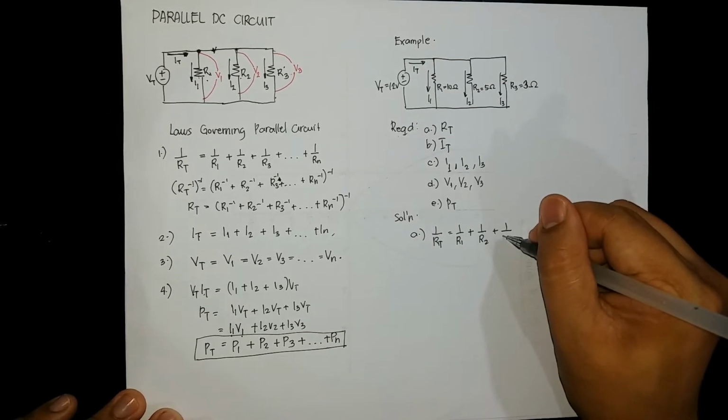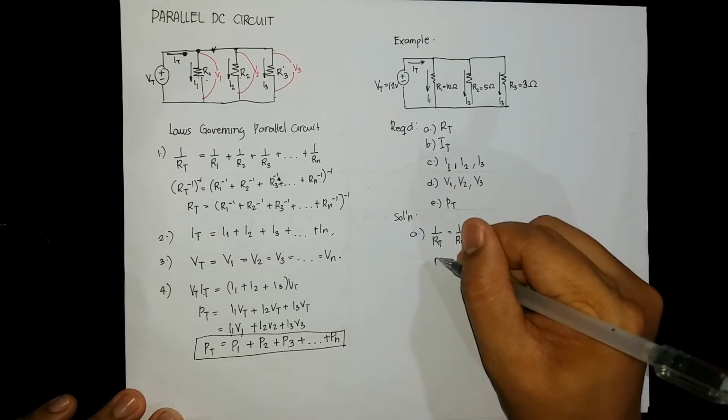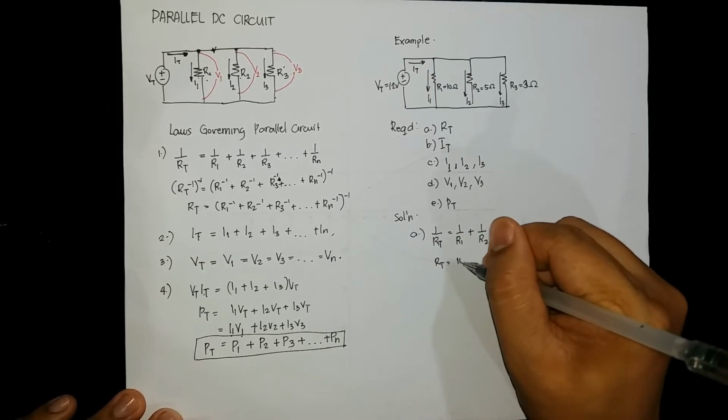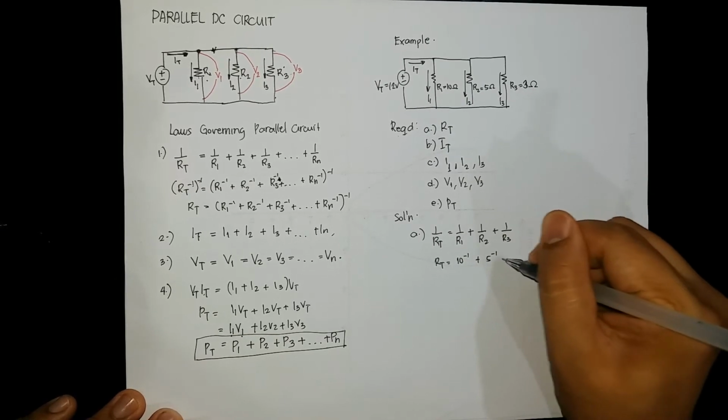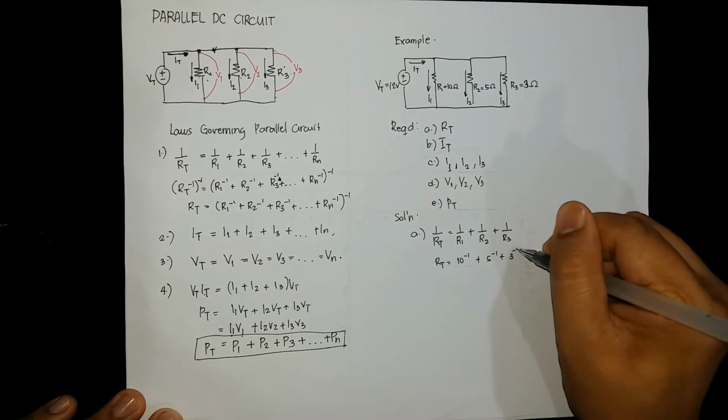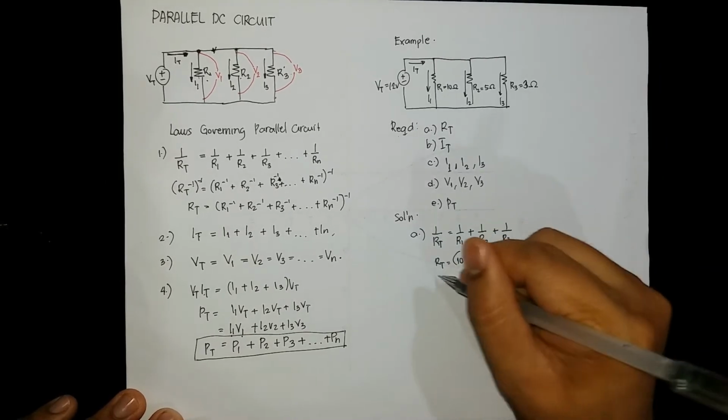So this is R3, or can I say R total is simply 10 inverse plus 5 inverse plus 3 inverse, and the answer inverse.